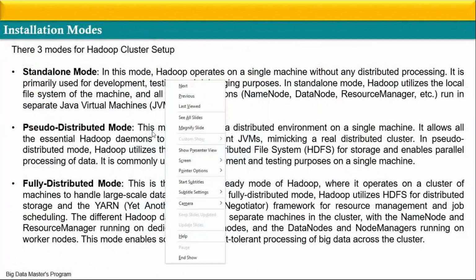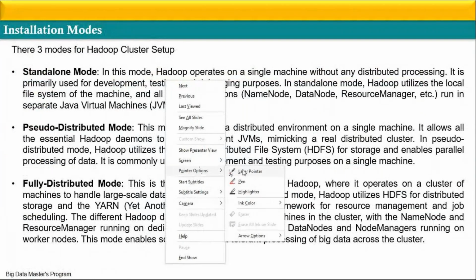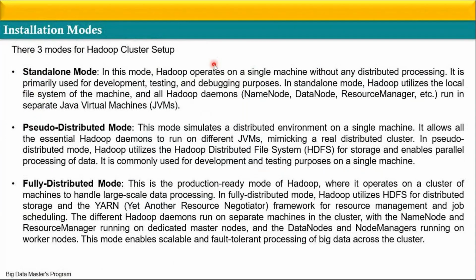Once you have downloaded the Cloudera Quick Start VM and you want to utilize it, Hadoop can be utilized in three different modes: standalone mode, pseudo distributed mode, and fully distributed mode. Standalone mode, over here, we are running on a single machine only, and distributed processing will not be there.